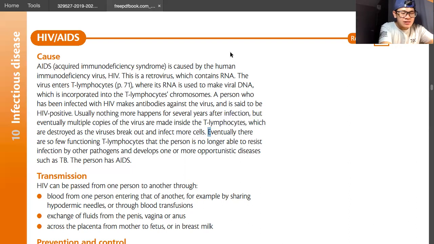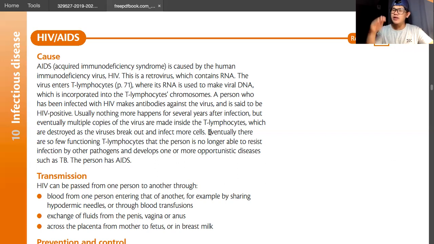Now, how is this actually bad? Because as I mentioned earlier, they are targeting T lymphocytes, the white blood cells that are responsible for fighting off any infections. But they are slowly and silently killing off all the T lymphocytes.